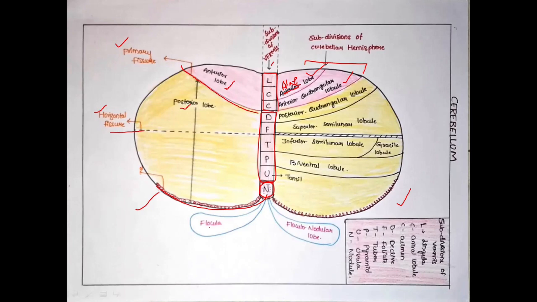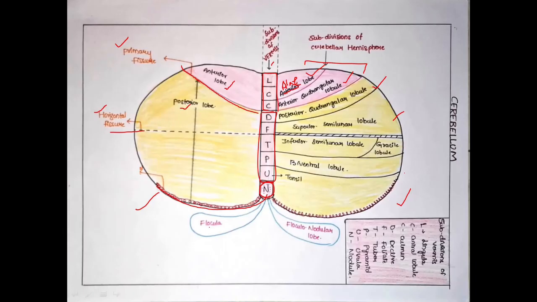The subdivisions of the vermis are declive, foliate, tuber, pyramid, and uvula. So exactly the same, we identify the cerebellar hemisphere subdivisions in parallel. With the declive is the posterior quadrangular lobule. For foliate, it will be the superior semilunar lobule.